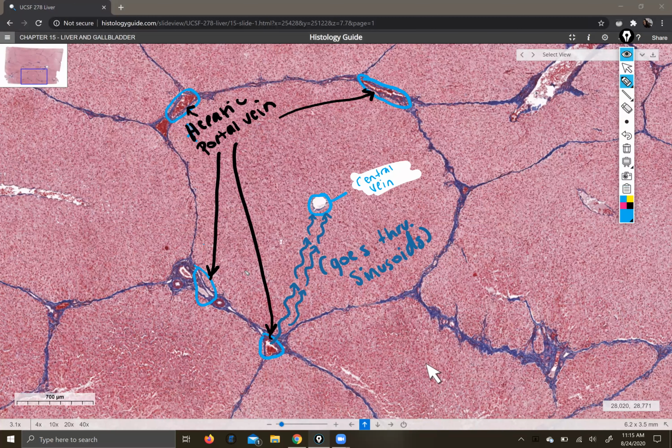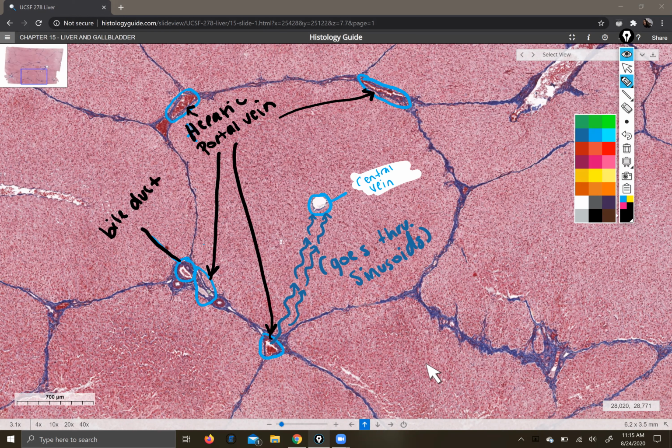So I've got, this is bile duct. And it looks like artery. I'm going to need to zoom in further to confirm that that's an artery, though.